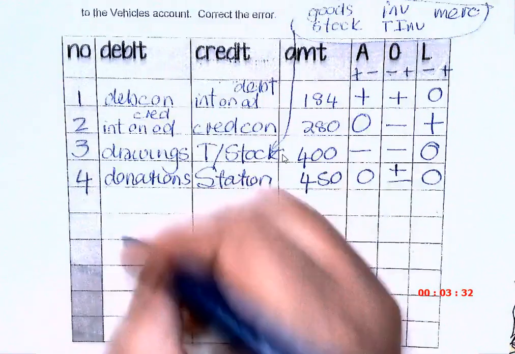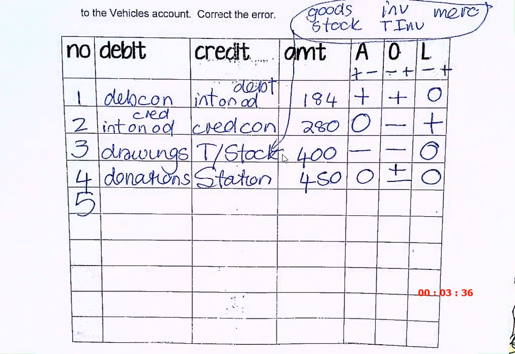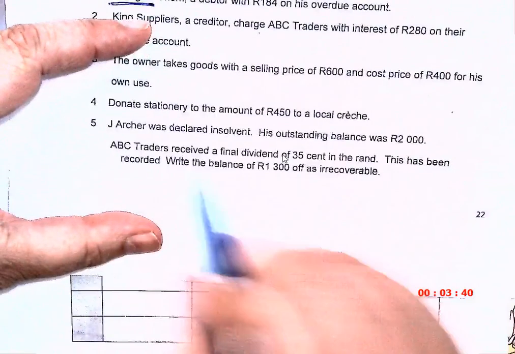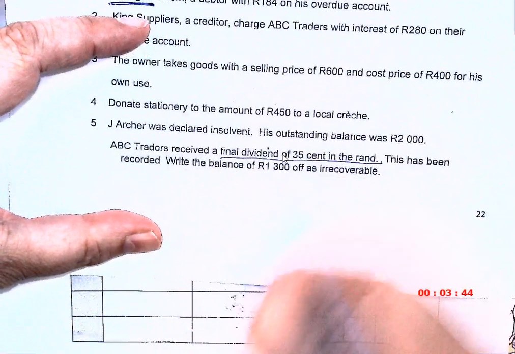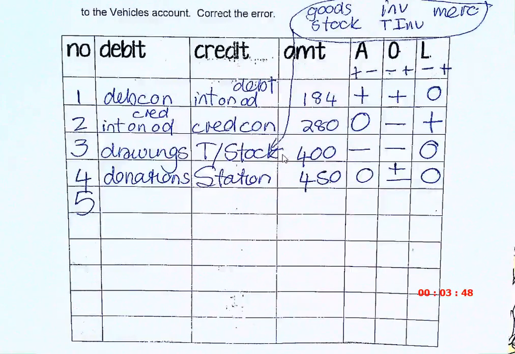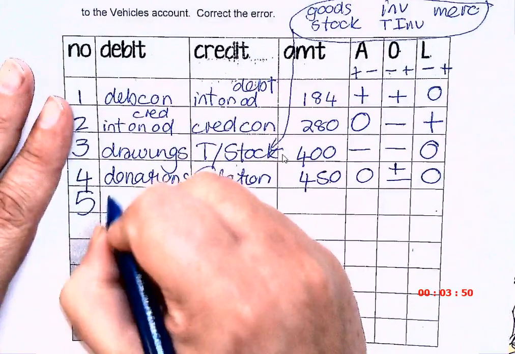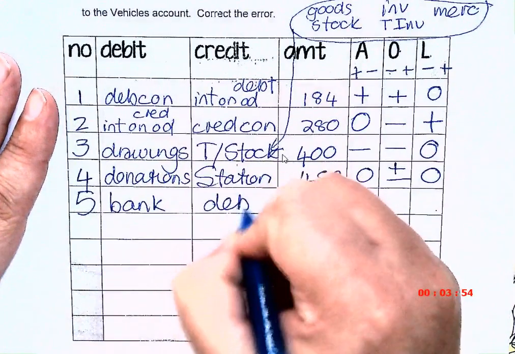Number 5, Archer is declared insolvent. Now if you read here they say we receive a final dividend. The moment they say that, I know there's 2 entries. The first one, I'm going to receive money from my debtor.